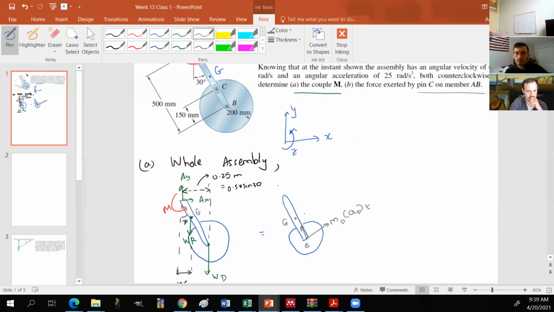Then for the point G, you have the mass of the rod times the acceleration of the rod in your tangential direction, like that. You're obviously going to have a normal component as well, but again, we don't need to worry about it. And this was point A. All right, are we good with the kinetic diagram?